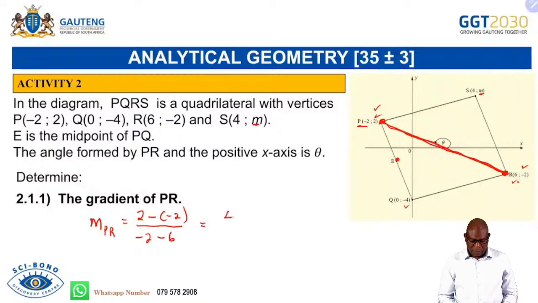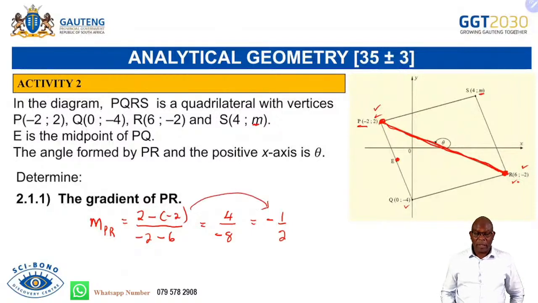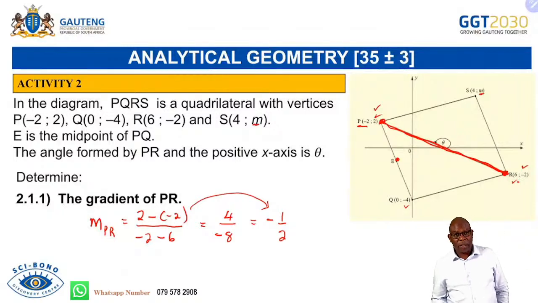The answer there is 4 over negative 8, and the answer will be negative 1 over 2. So as I say, from here directly to there, you use a calculator, then the calculator will give you a direct answer, which is negative 1 over 2. Can you see now the gradient of that will be negative 1 over 2. So it's a negative gradient. It's decreasing. So that's why we have it as negative 1 over 2.